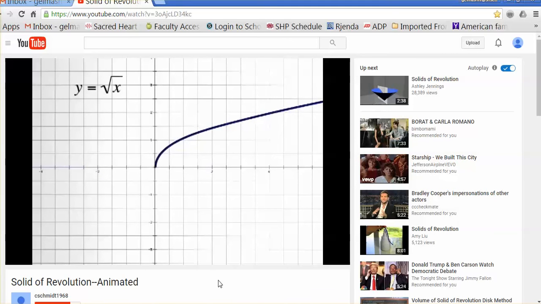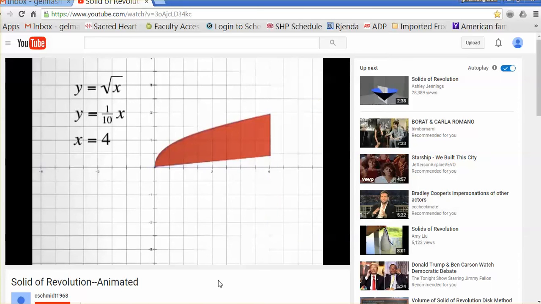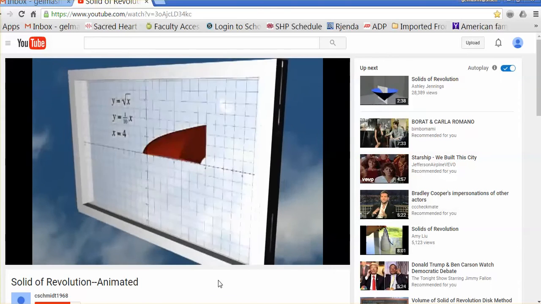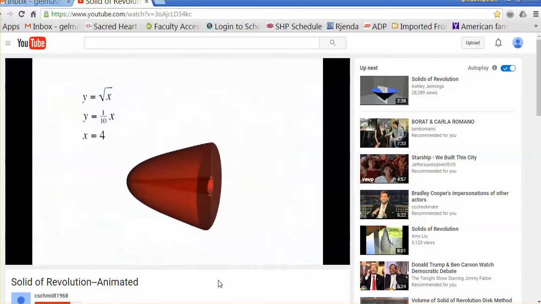And y equals 1/10 x. Now this is going to be a little different because we were bounded by the x-axis. This is bounded by x equals 4. If you take that region and rotate about the x-axis to form a solid, you can see how it forms something kind of like a dome, but there's a hole in the middle.